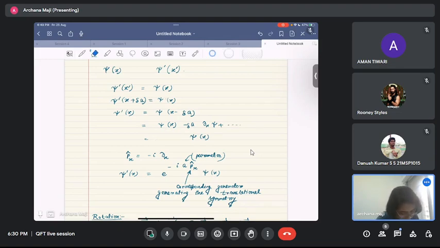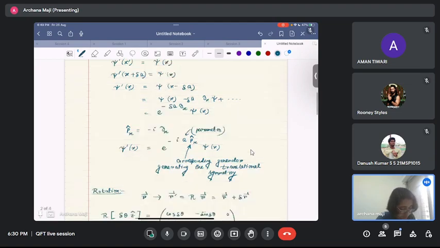So this is exponential of minus delta a del x.